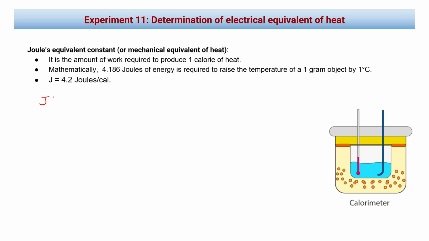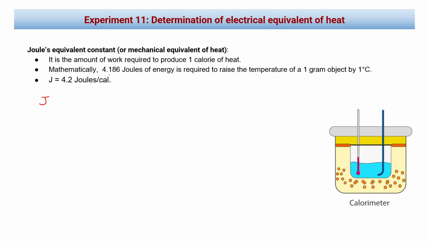Its value is 4.2 joules per calorie. It means 4.2 joules of work is required to produce 1 calorie of heat for any material.